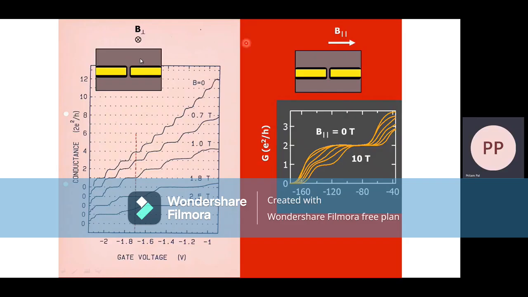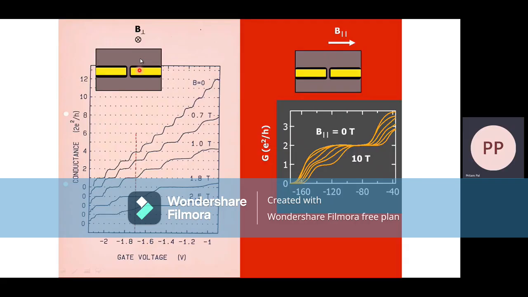And if the field is applied parallel to the two-dimensional electron gas, in this case, what you see in this graph basically is that the conductance goes from being 2e squared over h to 1 e squared over h as the field is increased, and that is explained very simply by the lifting of the spin degeneracy at high magnetic fields, right?